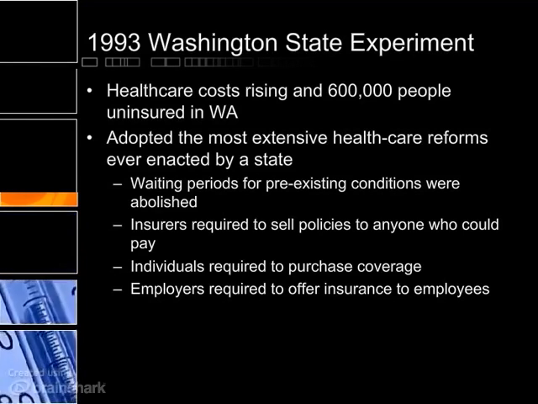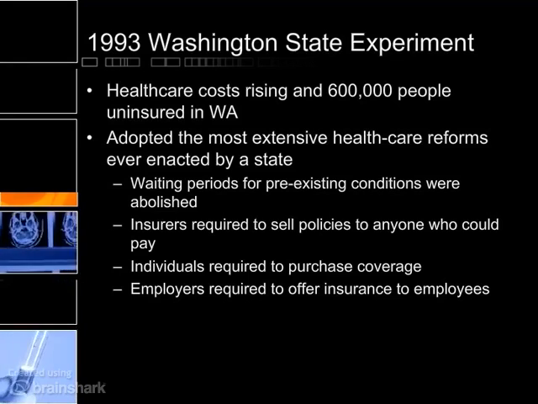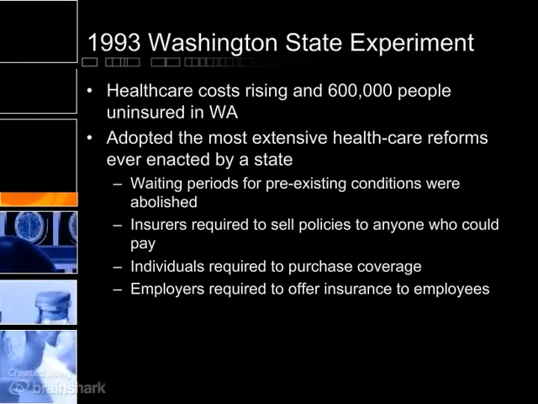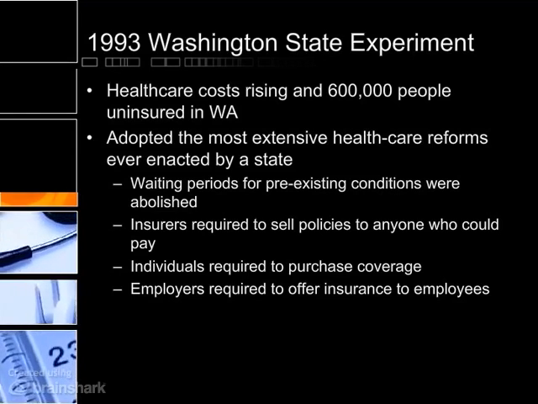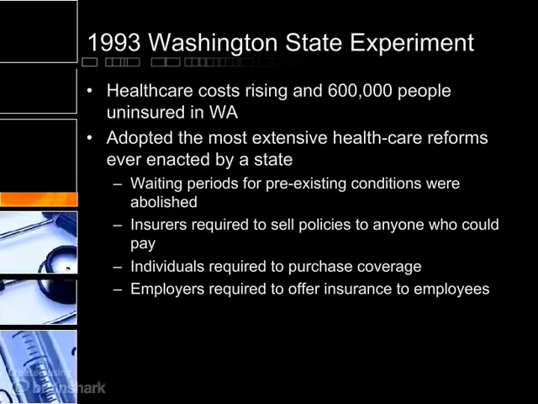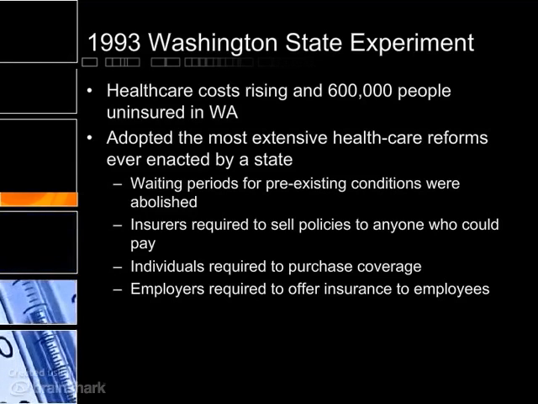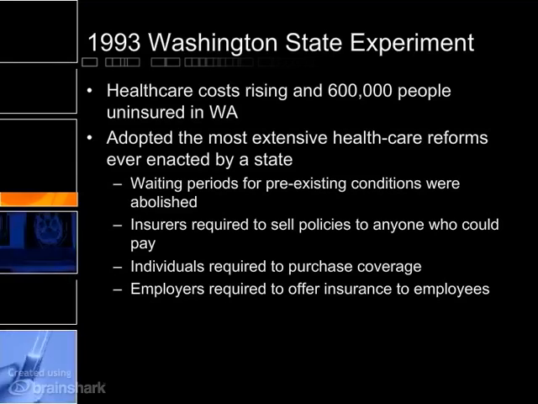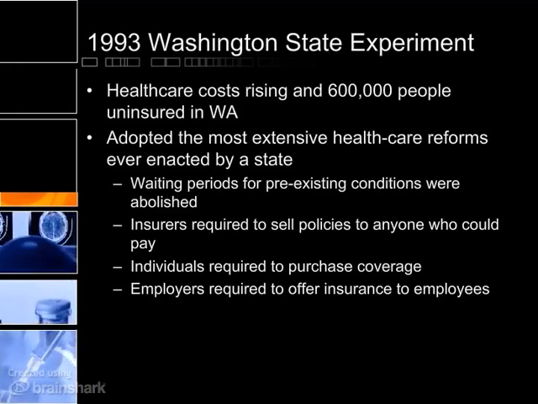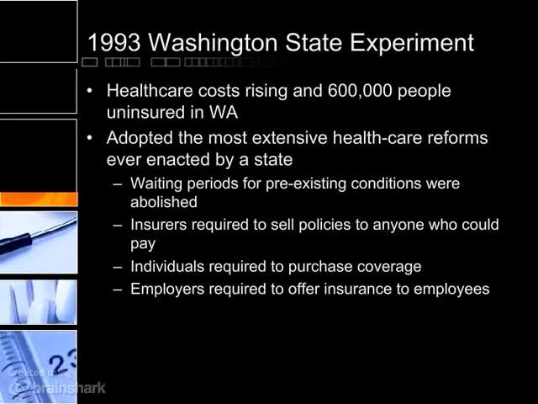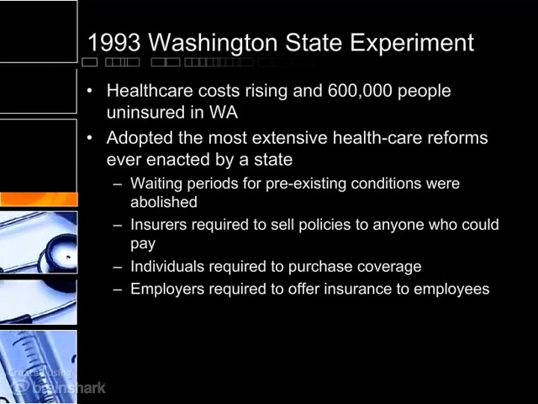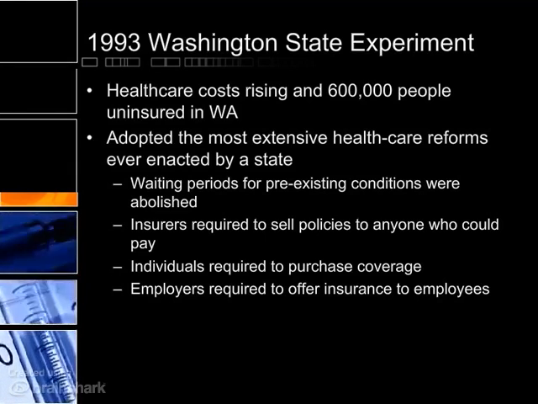Hillary Clinton was leading healthcare reform. There was a lot of momentum across the U.S., and we had a very liberal, kind of innovative governor at the time, Mike Lowry. And so we passed a reform that would have waiting periods for pre-existing conditions abolished.